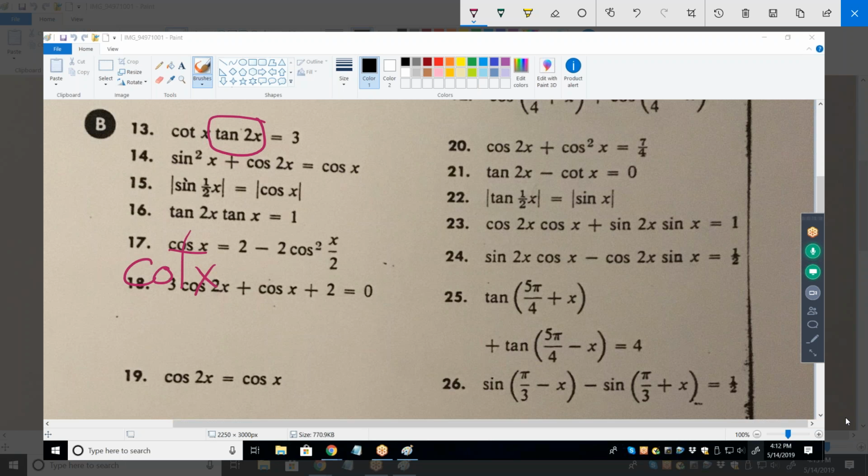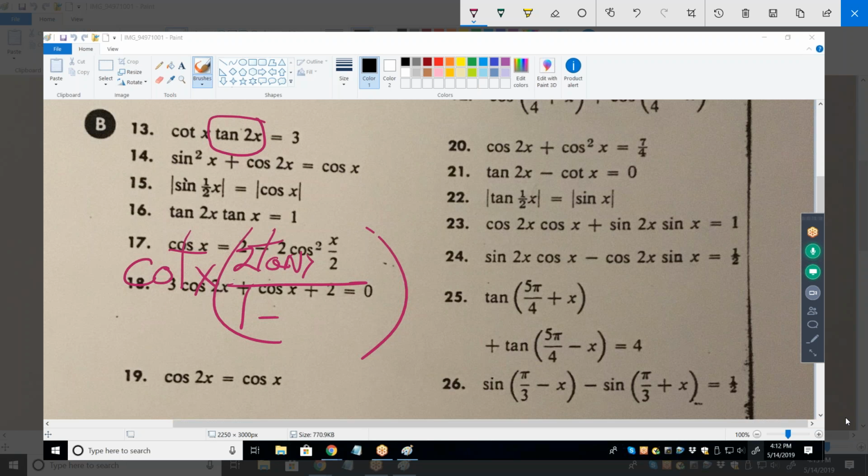The double angle identity of tangent is a little bit tough to memorize. You just have to memorize it. It took me a long time to memorize it. It's 2 tan of x over 1 minus tan squared of x.